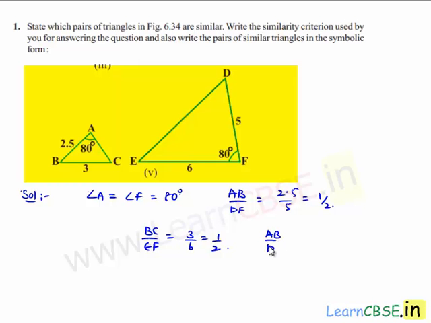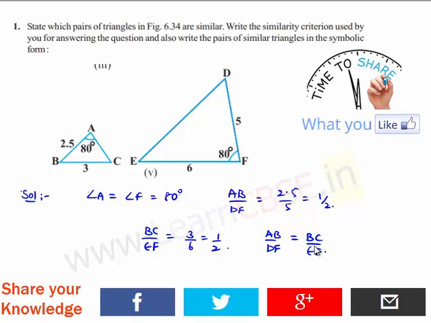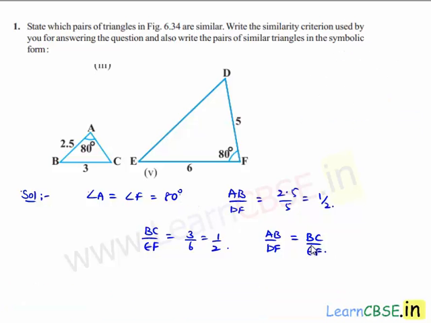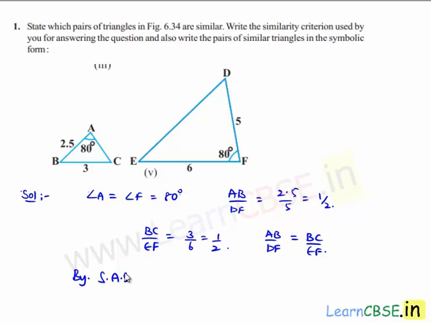Therefore AB by DF is equal to BC by EF. Here the corresponding angles is equal and the two of the corresponding sides are in proportion. So by SAS similarity we can say that triangle ABC is similar to triangle FED.